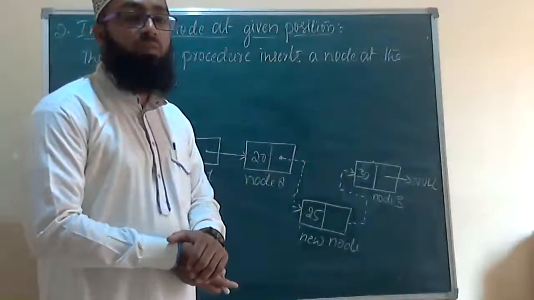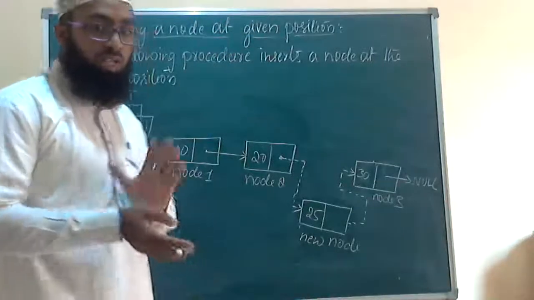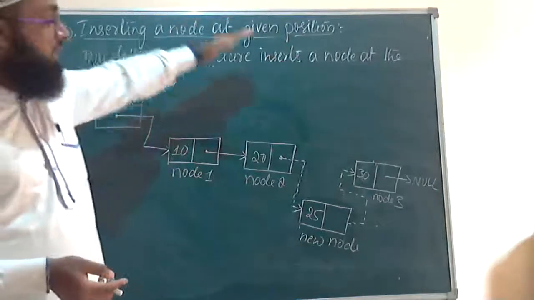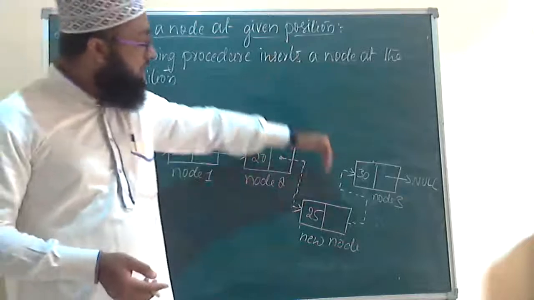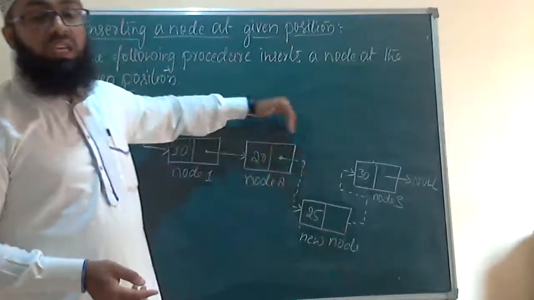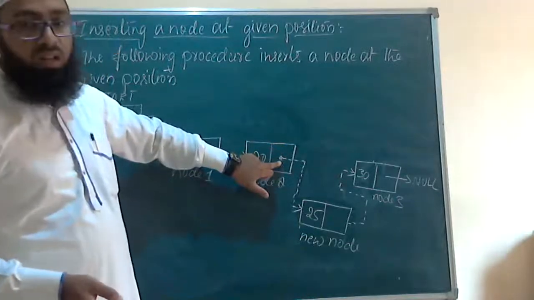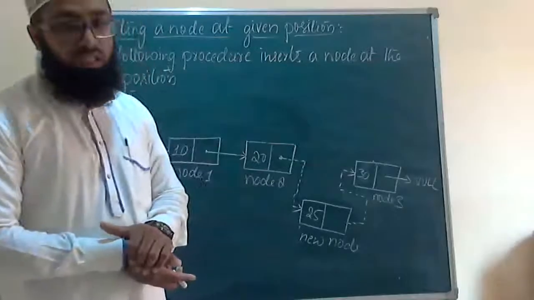A new node can be inserted at a given position. Once again, I will explain. Maybe you have not understood. If you want to insert a node at the given position, give the link field of the previous node as null. Then the remaining nodes will come out of that linked list.